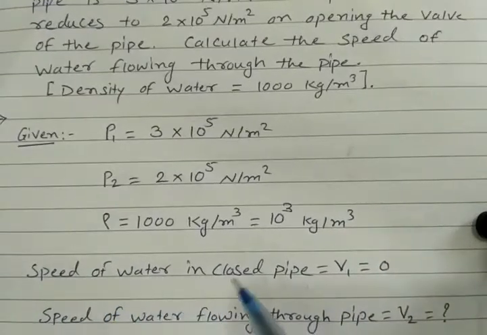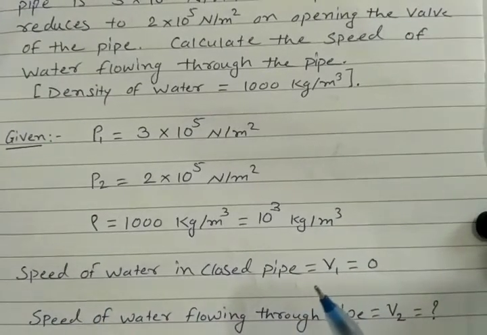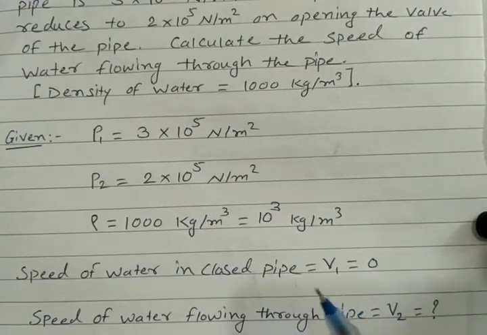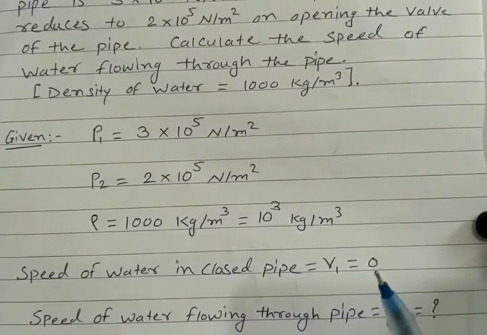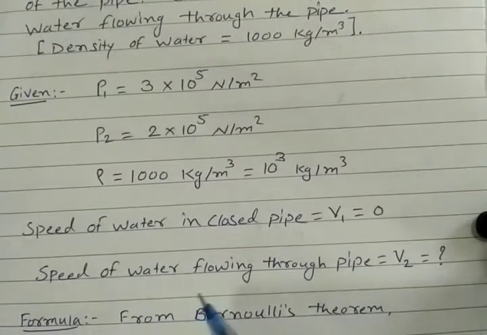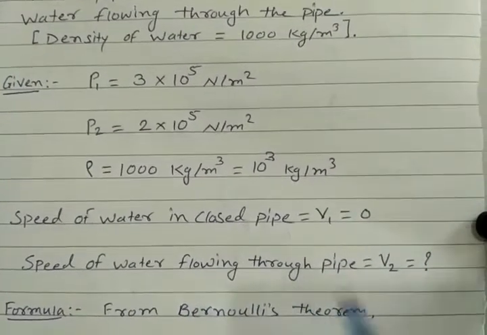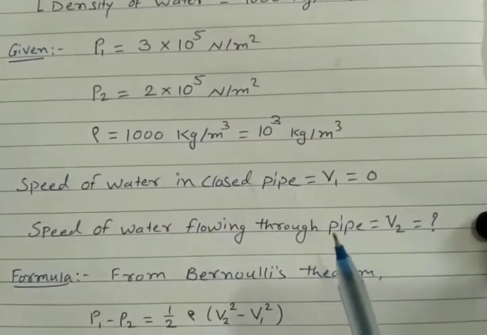Now the speed of water in closed pipe, since the pipe is closed, there is no flow of water and hence its velocity is 0. The speed of water flowing through pipe is V2, which is to be determined. So when the valve is open, the water will flow through the pipe, and at that time its velocity is to be determined. For this we use the Bernoulli's theorem.